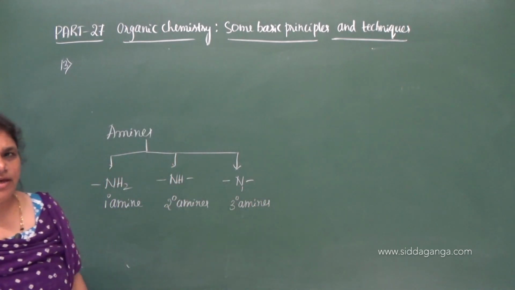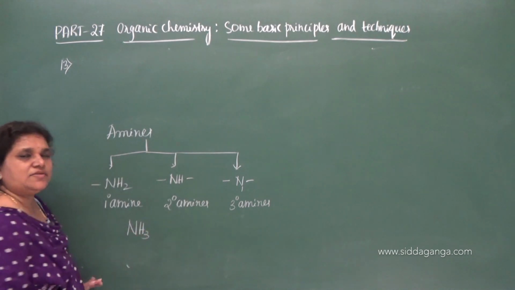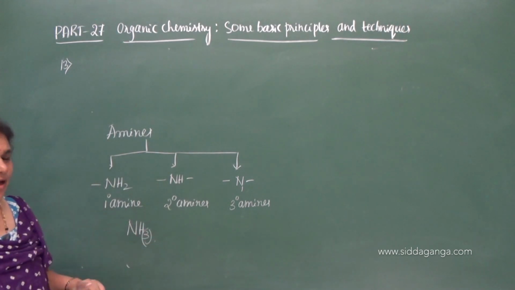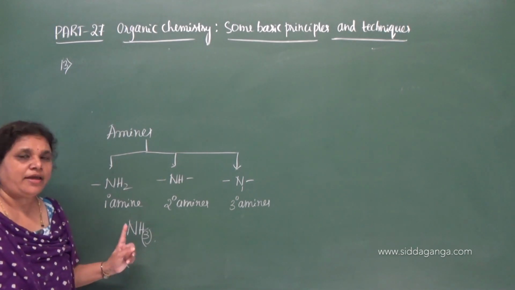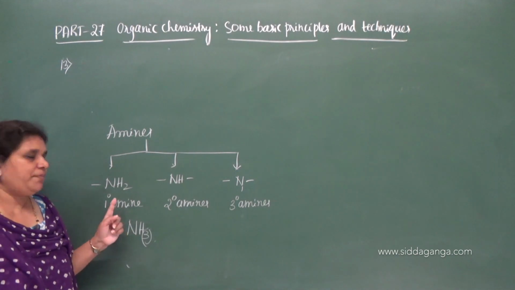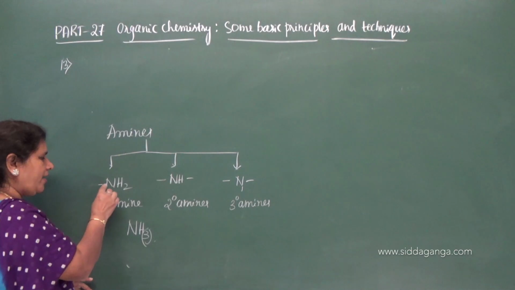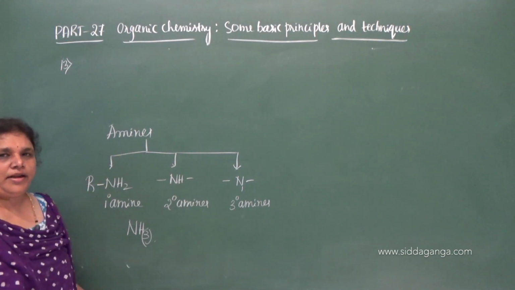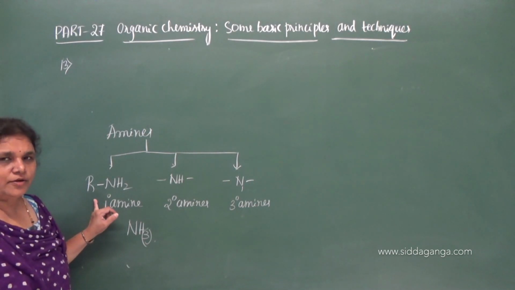Primary amines are derivatives of ammonia, replacing one hydrogen by an alkyl group. So if we replace one hydrogen atom of ammonia by an alkyl group, then you will get a primary amine, and the primary amine functional group is RNH2, because one hydrogen is replaced by an alkyl group.